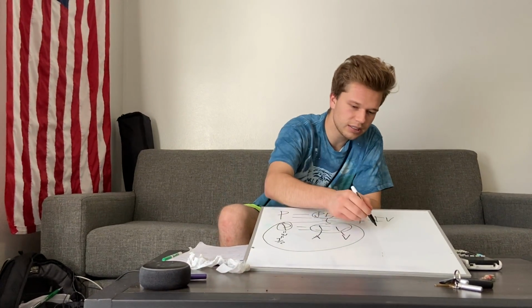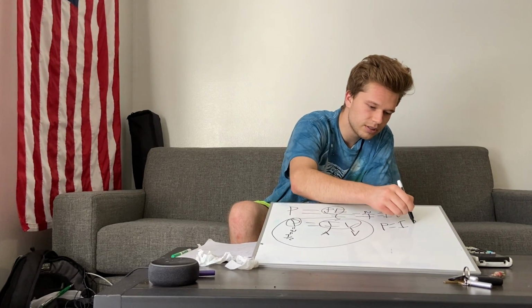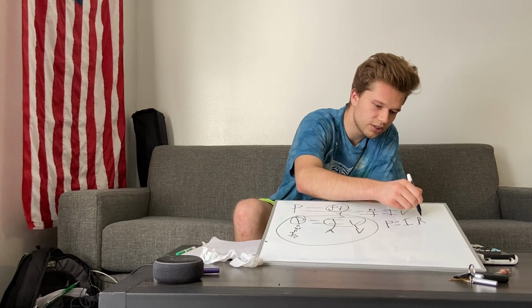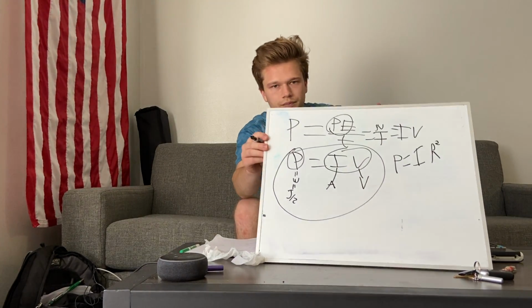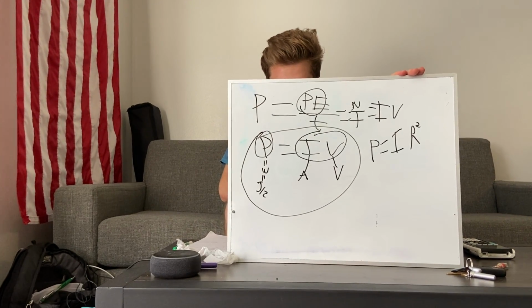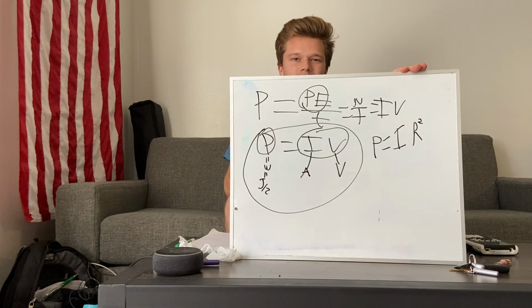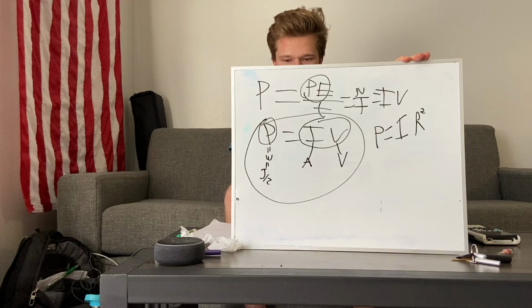So there's power is equal to current squared times resistance. And that's really helpful, but it's not always applicable because we don't always have a resistor in a circuit.